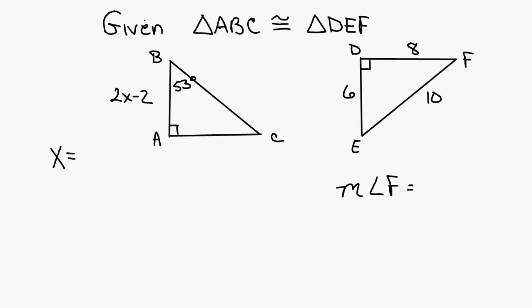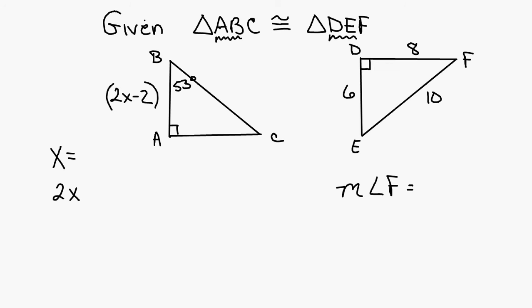So now, your side that's 2x minus 2 is your side AB, isn't it? And side AB is the first two letters in the description. So side AB is congruent to which side in the triangle on the right? Side DE. Now, based on the order of the vertices in the description, that tells you which sides are corresponding and congruent. That tells you what to make your 2x minus 2 equal to, doesn't it?